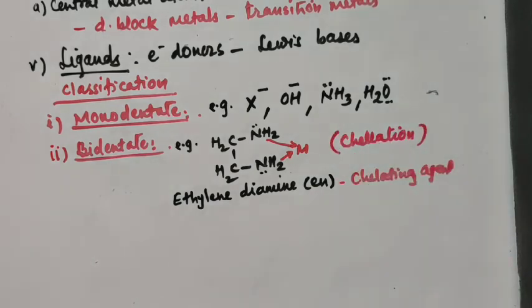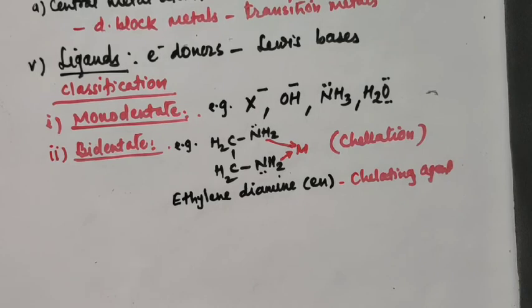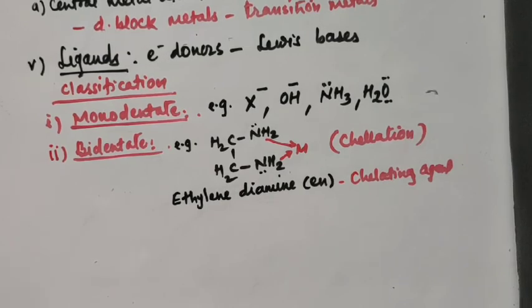So in this process, wherever there is chelation, they are firmly bound, the attachment is more than one. In case of a bidentate ligand, the ligand can be connected with the central metal atom from two sides, and so it can be firmly bound with the metal ion. So wherever chelation is there, the complex is a stable complex, you can say.